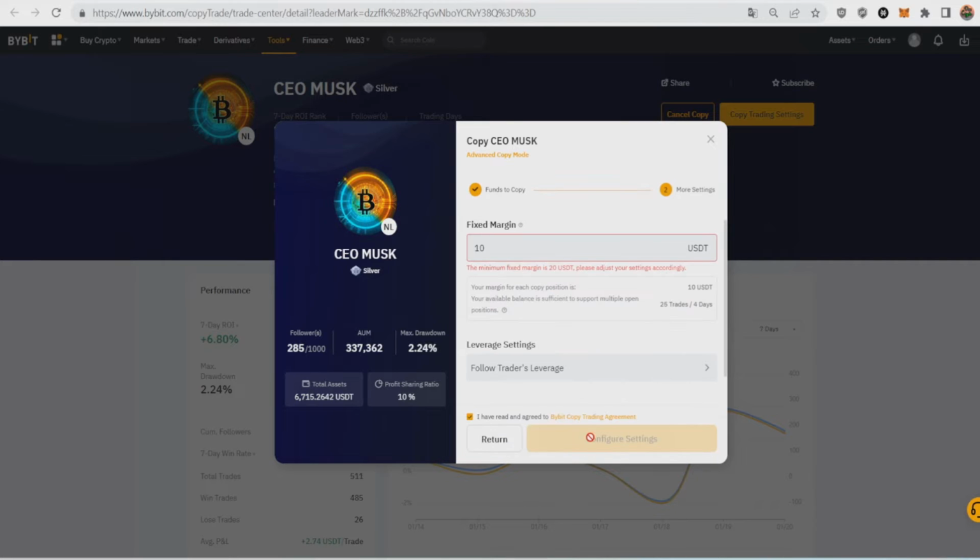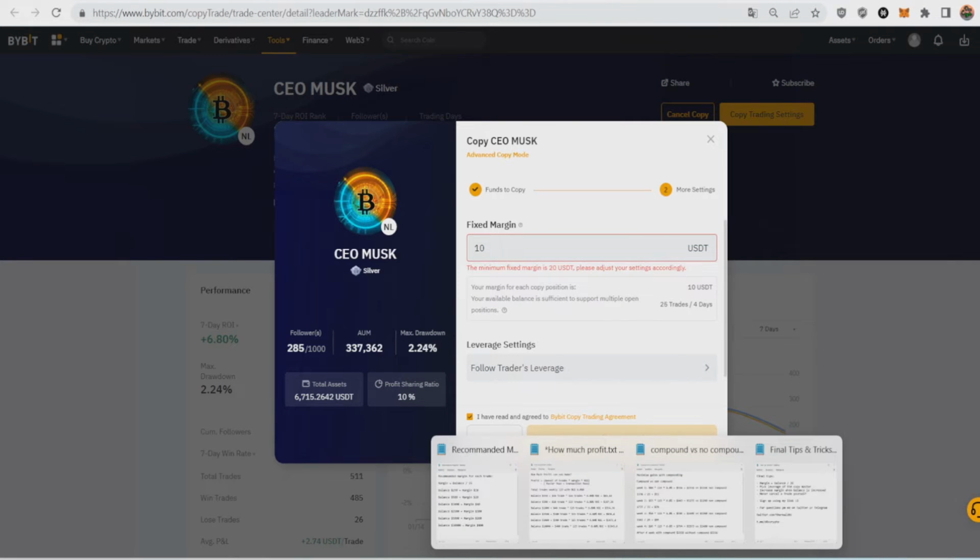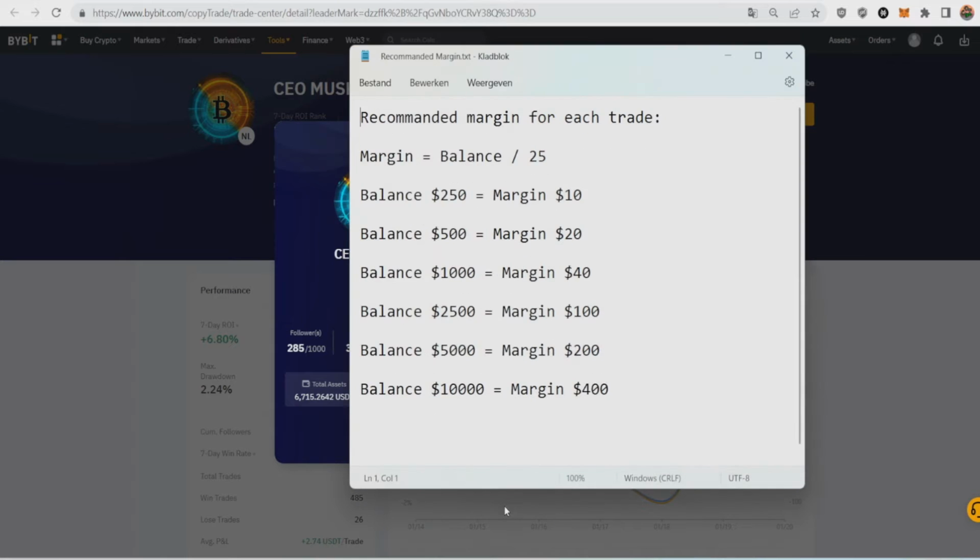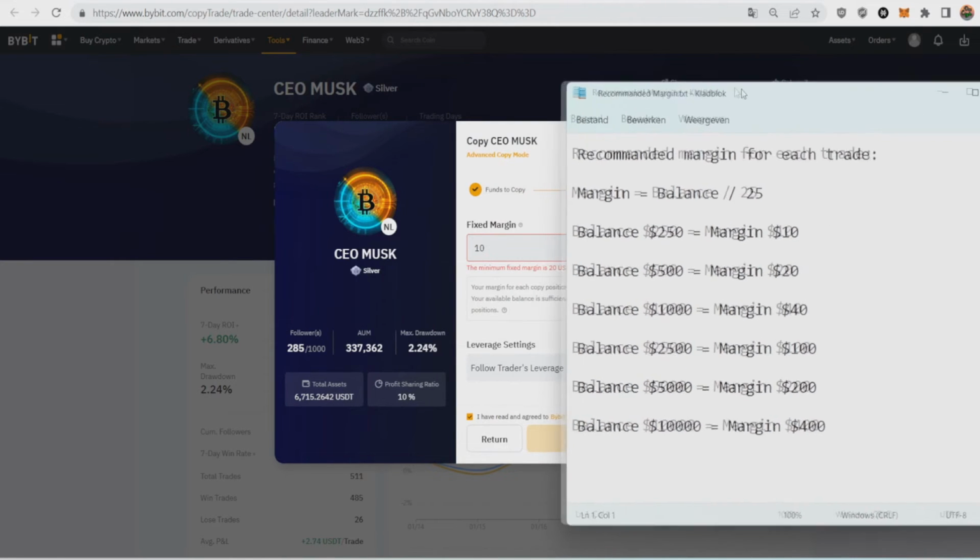So the next question is really important, guys. This actually changed, but this trader used to be 10 margin, but he's upgraded to silver now. But basically, what should your fixed margin price be? This is something that a lot of people don't tell about, but the recommended margins are as easy as this, guys.